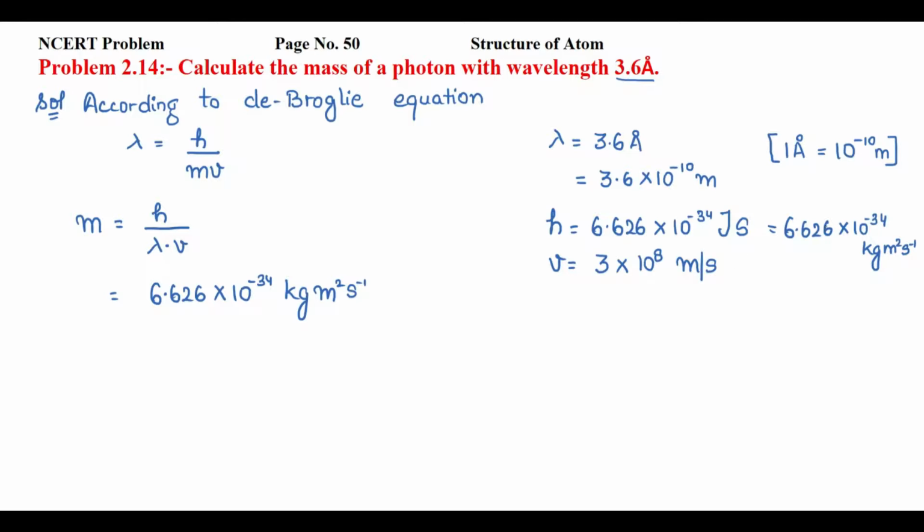If you don't know how I have taken this kg meter square second inverse, so let's solve it. In 1 joule we have 1 kg meter square second inverse square. We are having Planck's constant 6.626 into 10 raised to power minus 34 joule second, right? So let's put the value of joule over here.